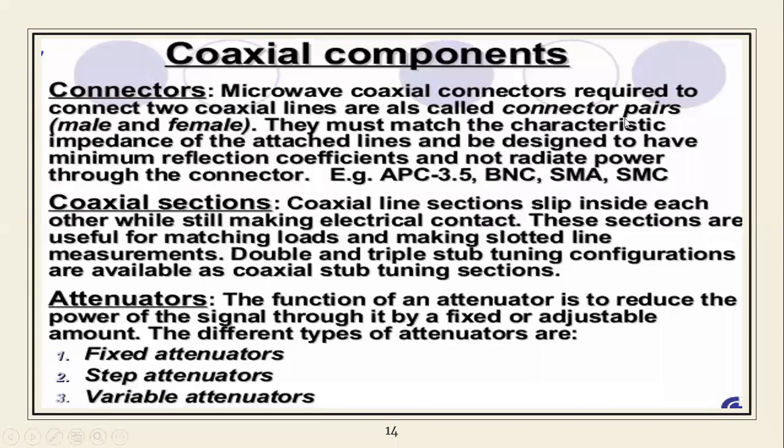That is nothing but the connector space. Why do they mention male and female here? Just for identification. By giving these notations, you can identify which cable is male or which is female. They must match the characteristic impedance while you are going to design. All this will come under the designing part.